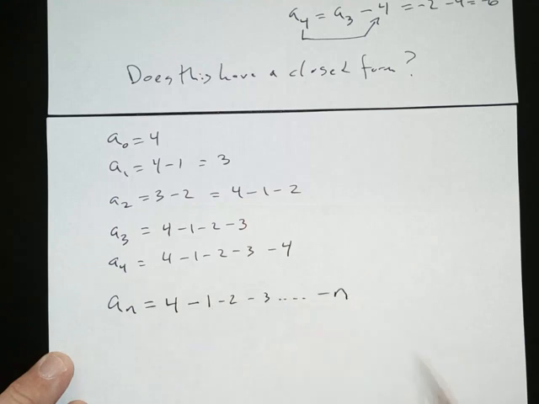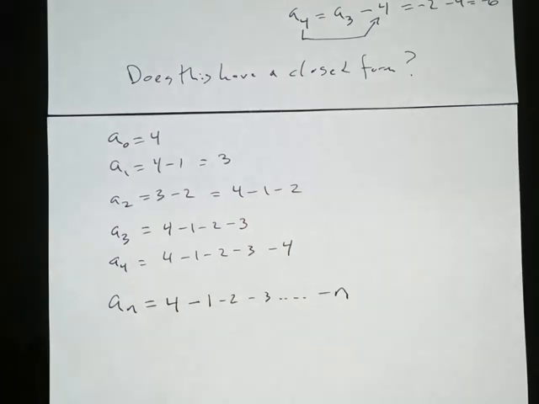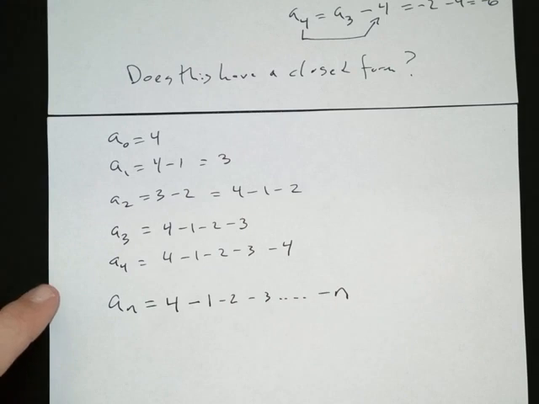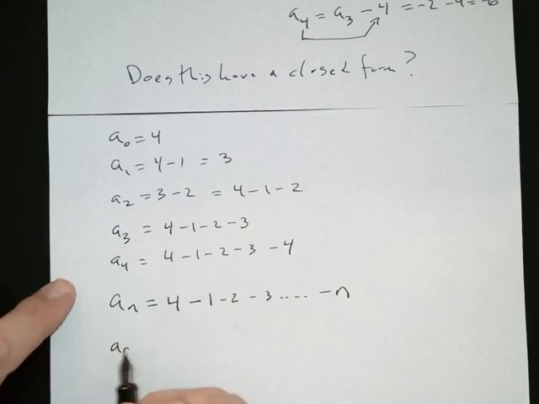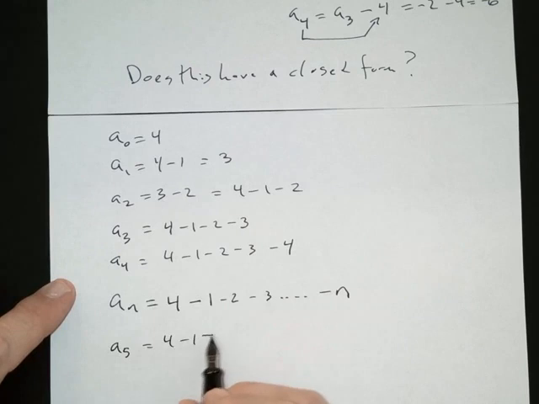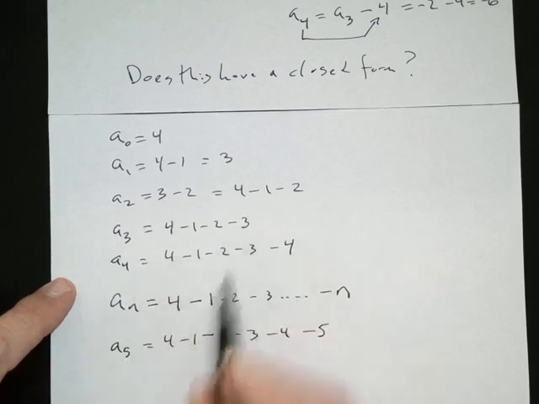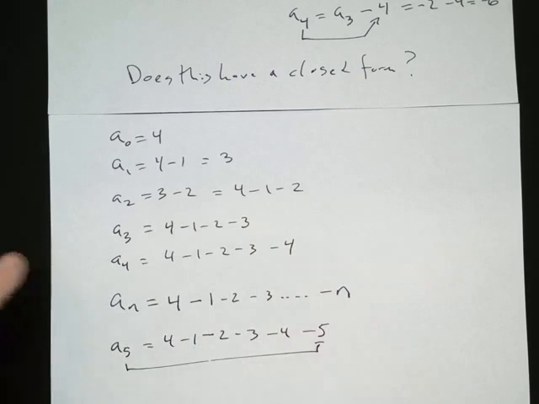Keep going until you subtract n. Does this work for 5? If that's right, then A5 should be 4 minus 1 minus 2 minus 3 minus 4 minus 5. That's the line before minus that number. Hey, this seems to match up.